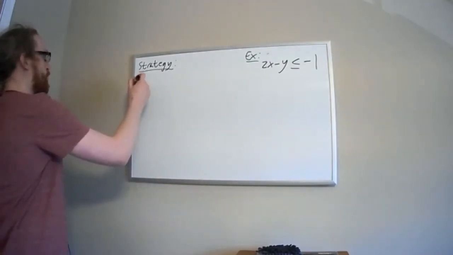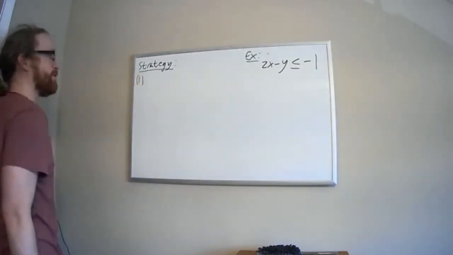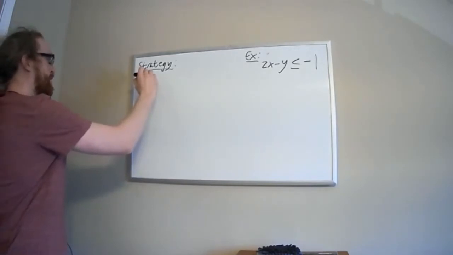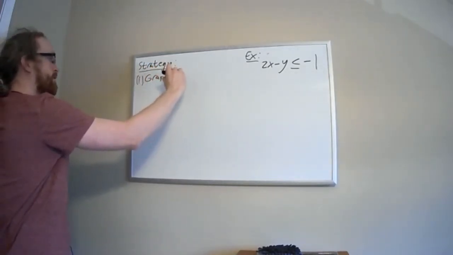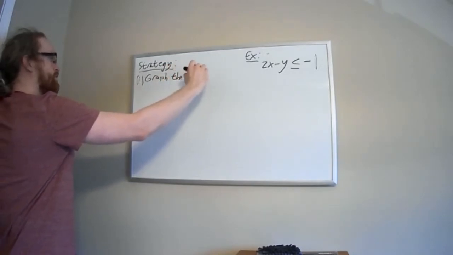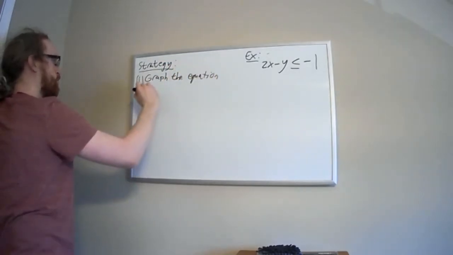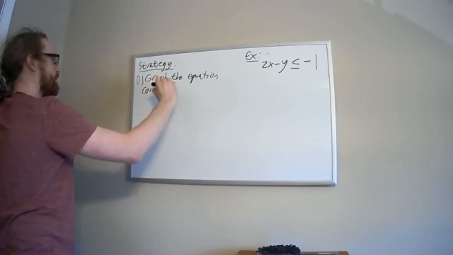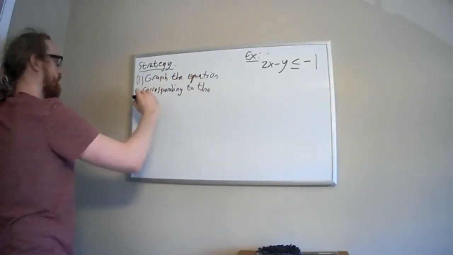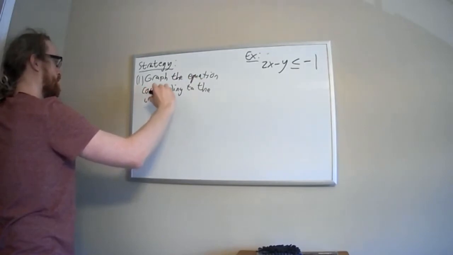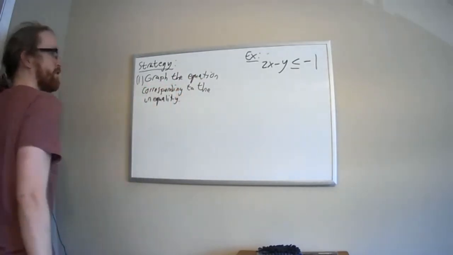So here's our overall strategy. Step one is we're going to graph a line. We're going to graph the equation corresponding to the inequality. So what do I mean by that?